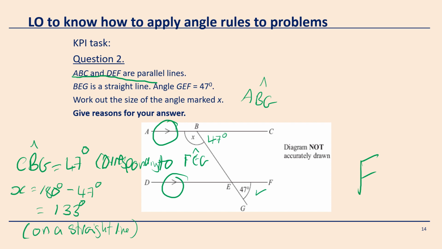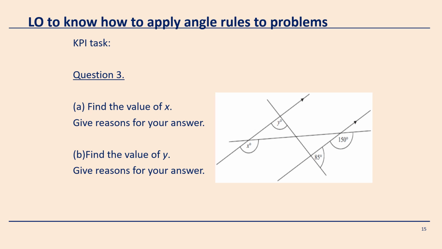You could have said, okay, that's 47 and vertically opposite, and then you could have said that these are co-interior, and you would have still got 180 take away 47. Okay, have a go at this question.